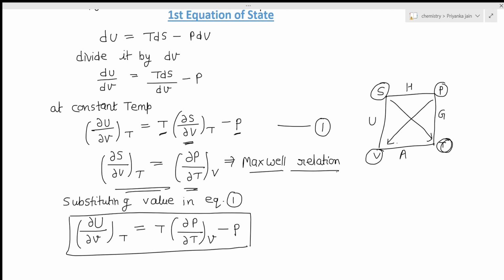Here we are taking U in terms of pressure, volume and temperature. There are no other terms, only pressure, temperature and volume, which we can determine directly. So this equation is known as the first equation of state.